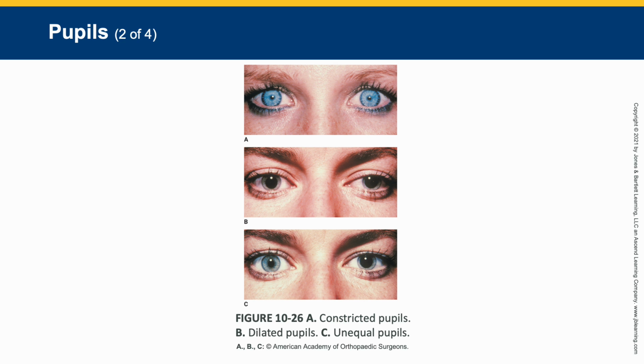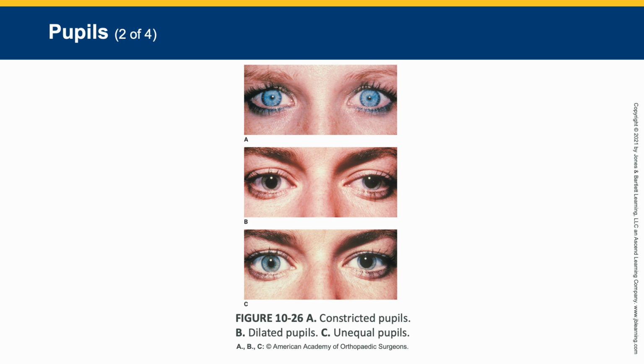Then you have unequal pupils, and this can be a signal for increased intracranial pressure, a brain bleed, or direct trauma to the actual eye or optic nerve. So it's really important to know that some patients have naturally unequal pupils, and that condition is called anisocoria.